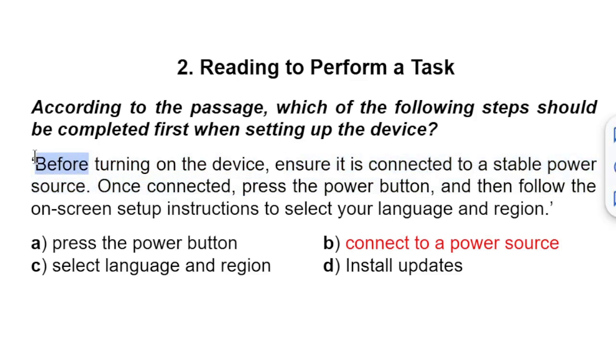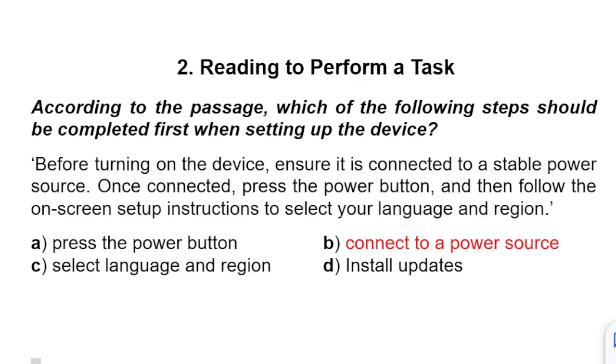The clue is here. Before we switch it on, you should connect to a stable power source. So the first action is this, and the second action is to turn on the device. So the answer here, the first thing we do is to connect the device to a power source, which is logical in any case. It's normal.